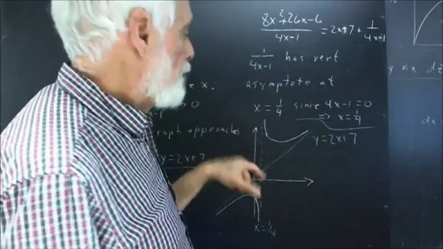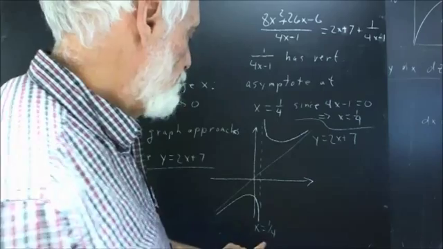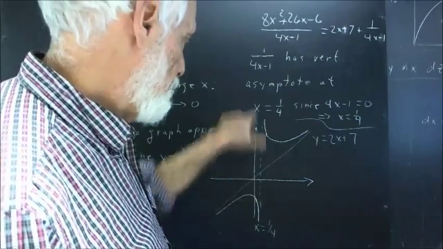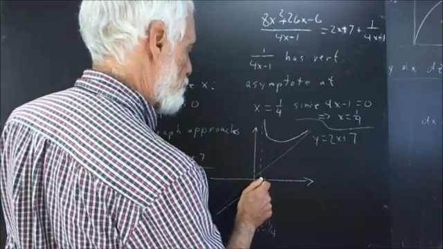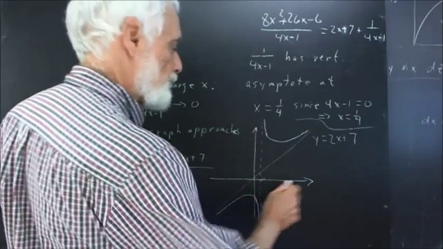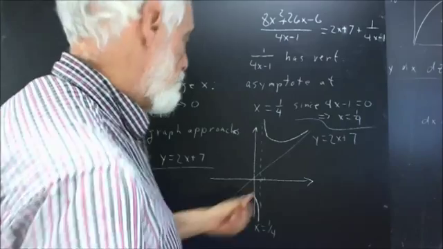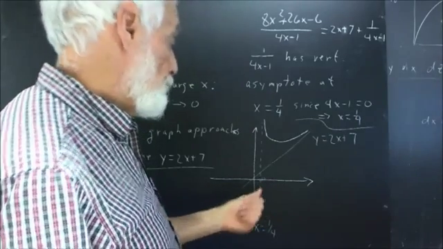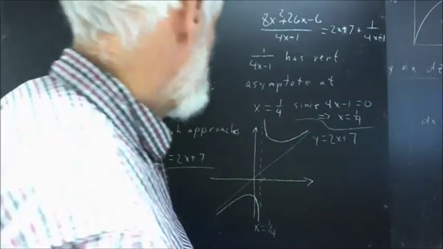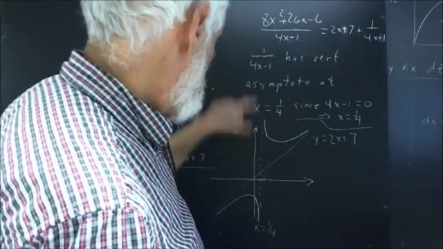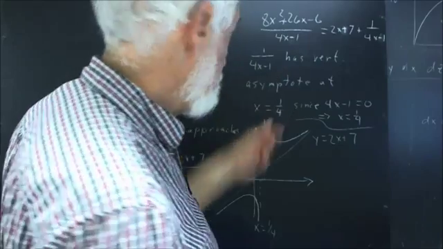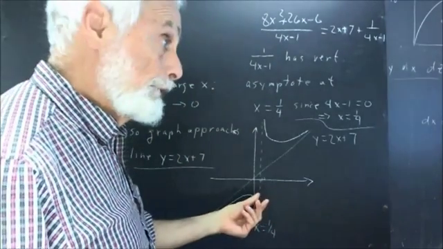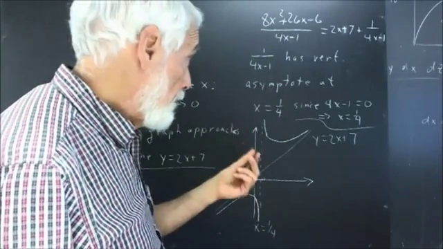So if you approach x equals 1/4, as I've indicated on the graph by this vertical line, through values of x that are greater than 1/4, the denominator is going to be positive, getting tinier and tinier.